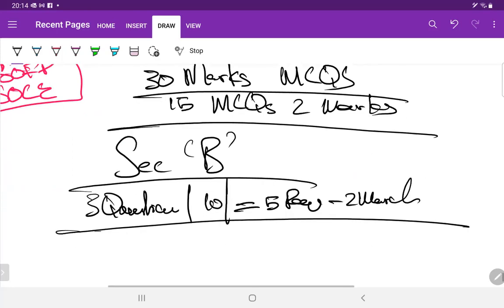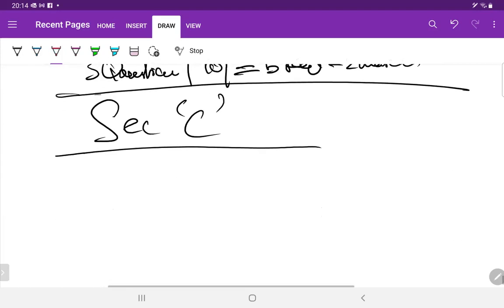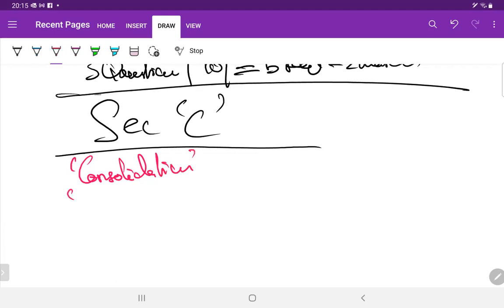60 marks cover. Then you will have section C, which you will do either on Excel or MS Word. Obviously, calculation parts will be done on Excel and the theoretical part will be done on MS Word. Which topics are you likely to get in this section? You will get consolidation as per the examiner's practice, though it is not necessary that you won't get cash flows in it in future. He can do it. You can get published financial statement questions on it.